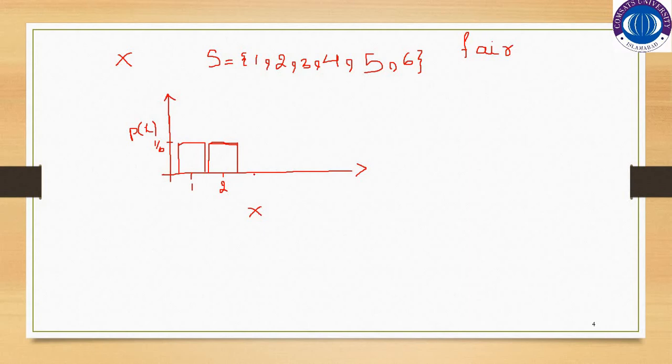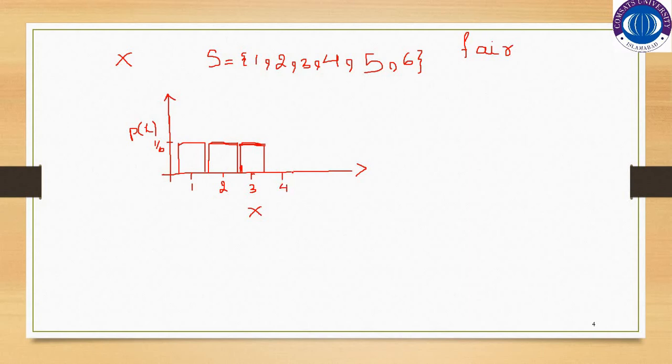The other outcome could be 3. It will have the same chances of occurrence, which is again 1 by 6. The height of the bar will be the same as for the outcomes 1 and 2. Similarly, we will draw for 4, 5 and 6.